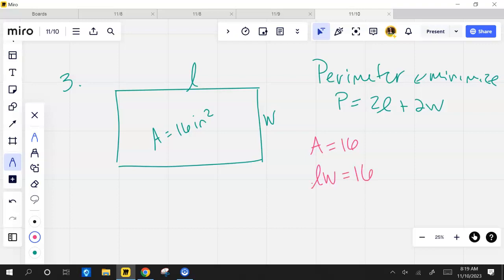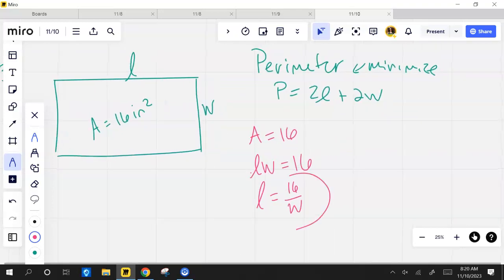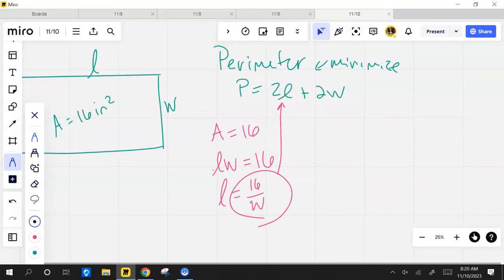So solve for one of the variables. L equals 16 over W. Everybody okay? I'm going to plug in here. So perimeter is really 16 over W plus 2W.